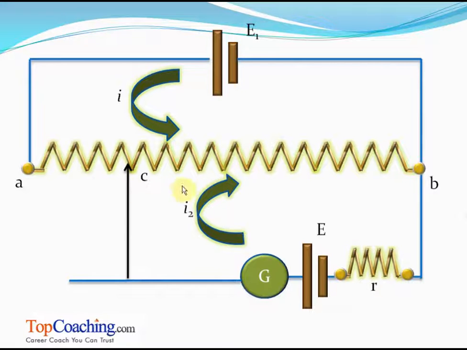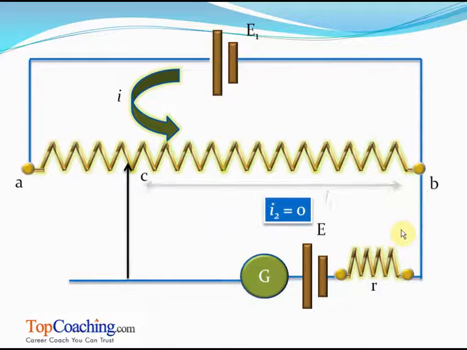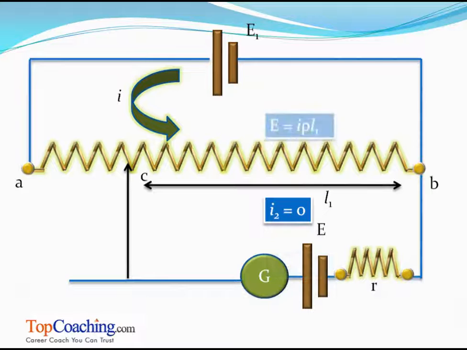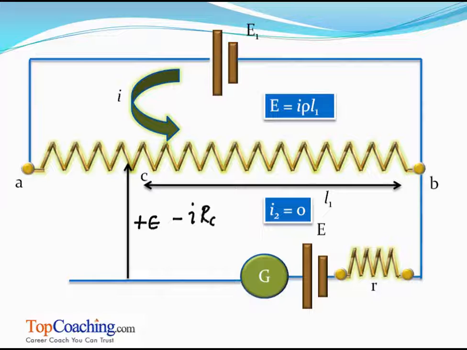First of all, we calculate the value of C for which the current in the second loop is 0. Now when we do that, the length CB, for which I2, the current in the second loop, is 0, comes out to be L1. So the value of E is now I into rho into L1, isn't it? After all, plus E minus I into RCB equal to 0.